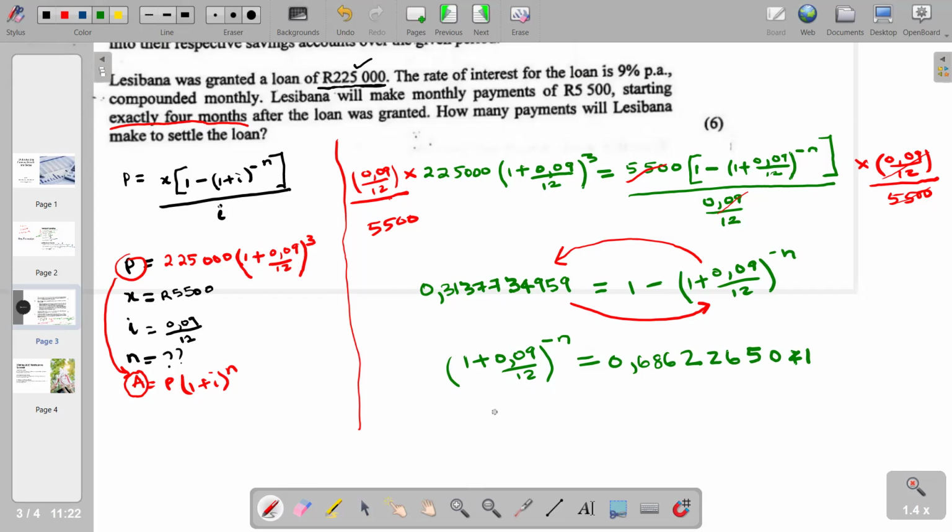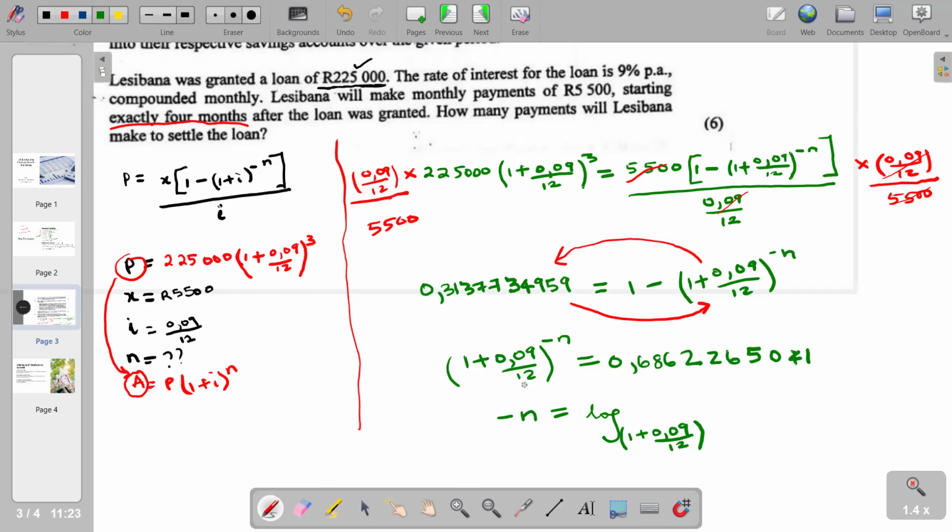We introduce logarithm. So our negative n will be equal to a log with our base as this base, which is 1 plus 0.09 over 12. Why did we substitute this as it is without simplifying?